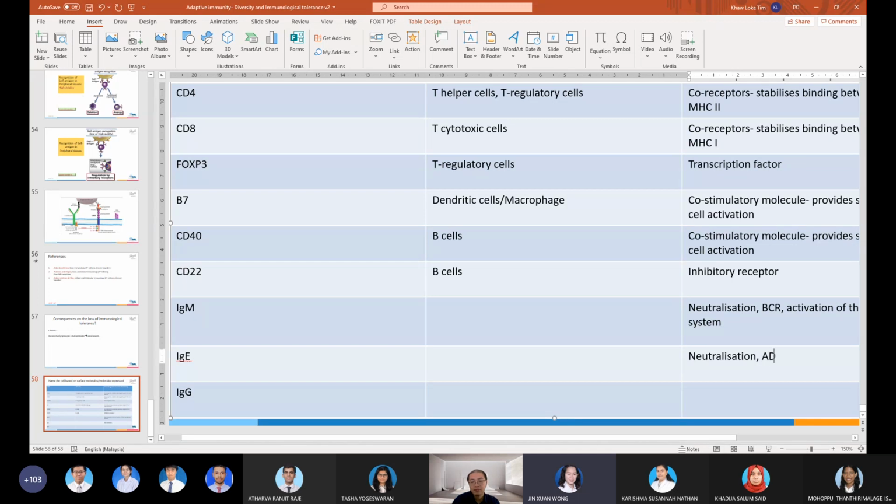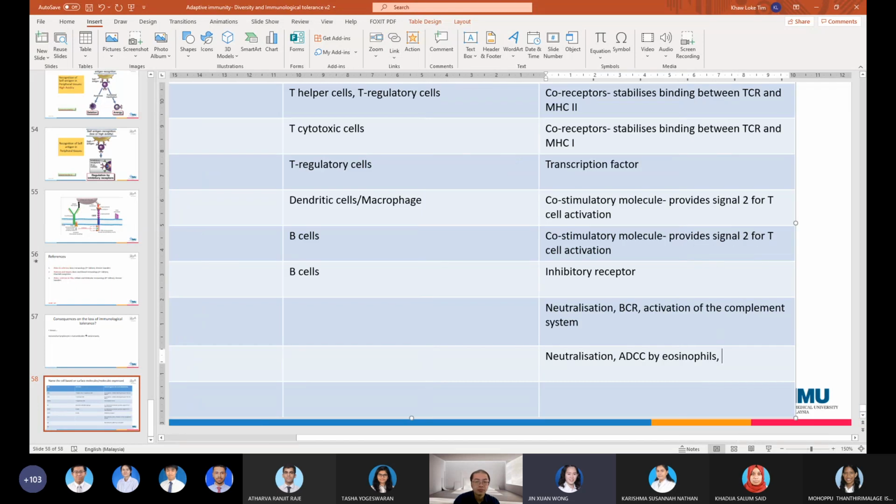ADCC, degranulation of mast cells and basophils, because of allergy.